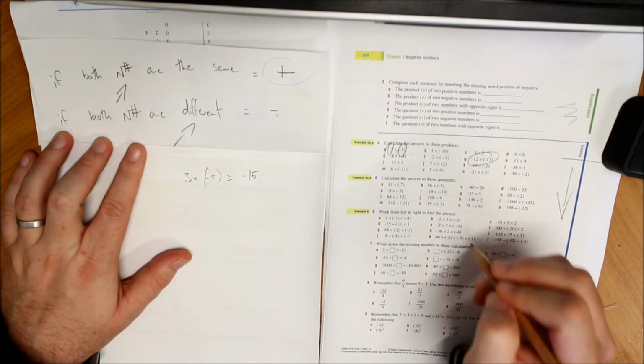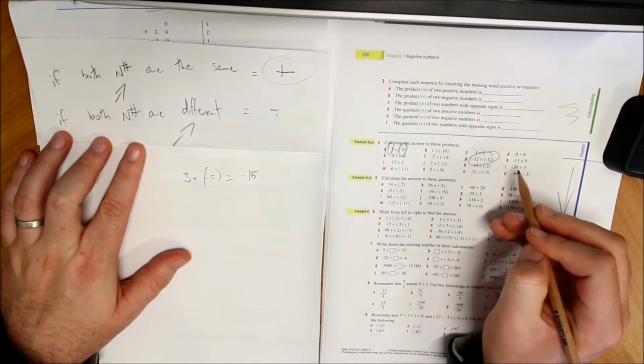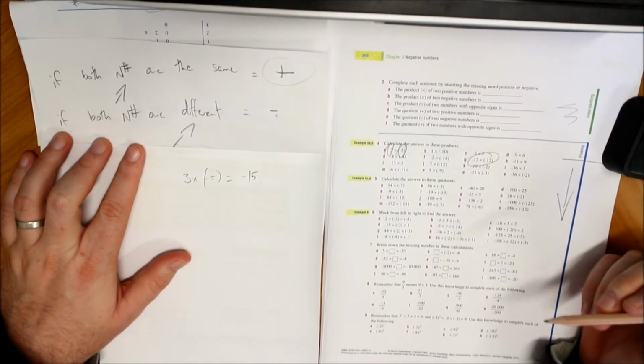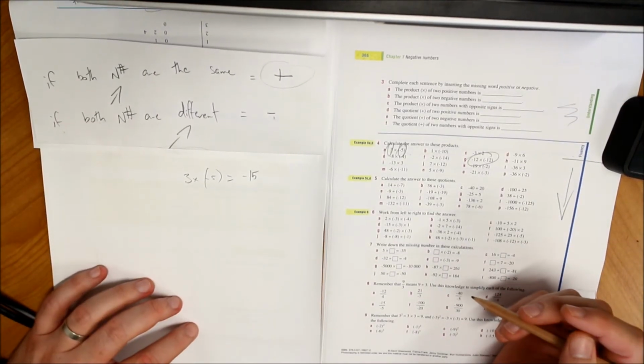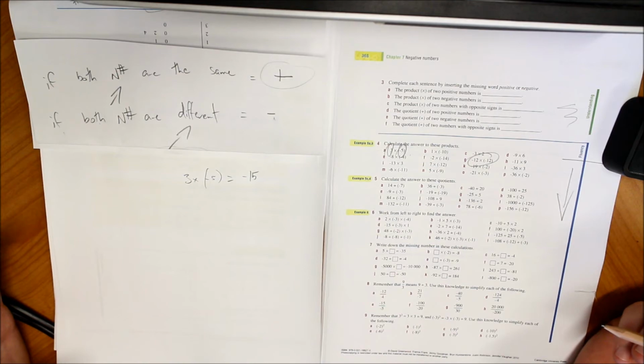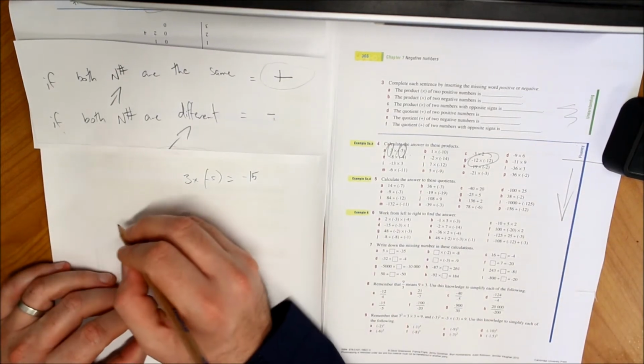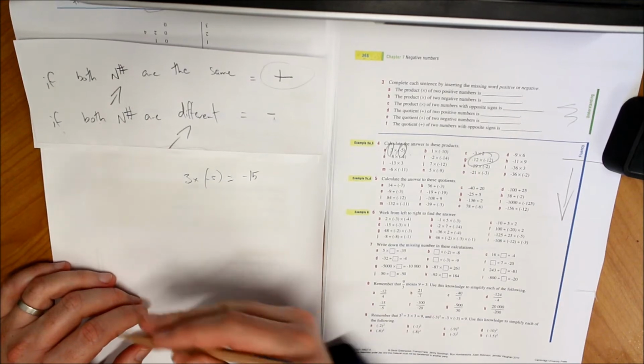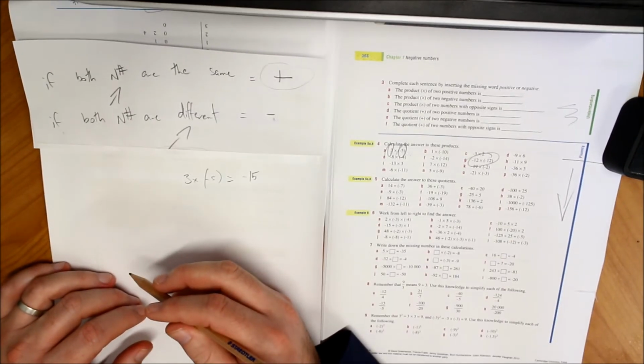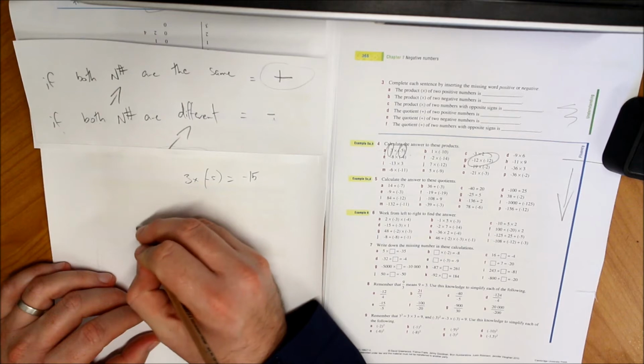Let's have a look at this one. G. -12 times -12. Well, we're starting to do large timetables, but everyone here should know their 12 times tables. 10 times 12 is 120, 11 times 12 is 132, and 12 times 12 is 144. So we know that the answer is going to be 144.